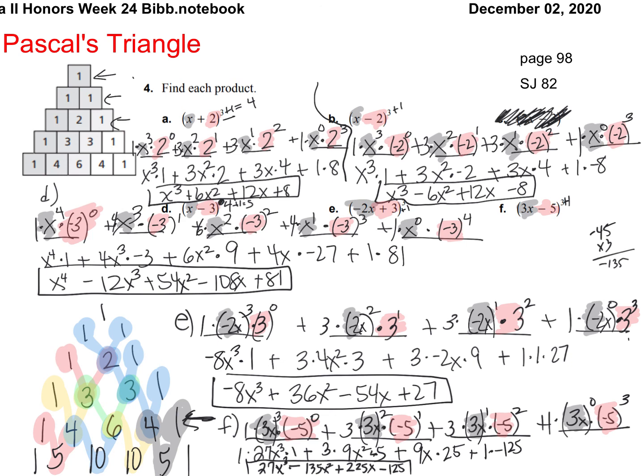That if you have 6 terms, you could multiply by 1, 5, 10, 10, 5, 1, and that relationship exists for every binomial that you raise to the 5th power.